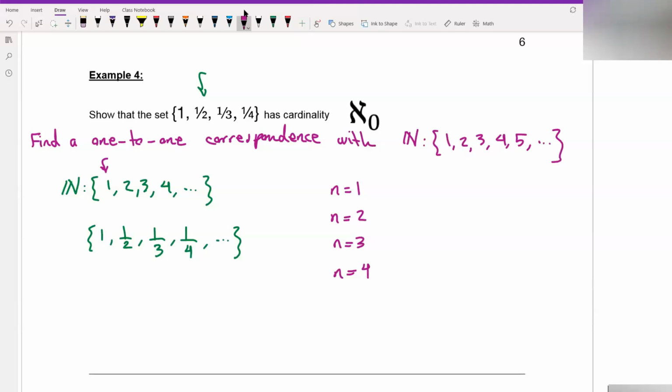Now trying to find our function, how we can map 1 to 1, 2 to 1 over 2, 3 to 1 over 3. So it's just 1 over n. That is 1 over 1, it's 1.